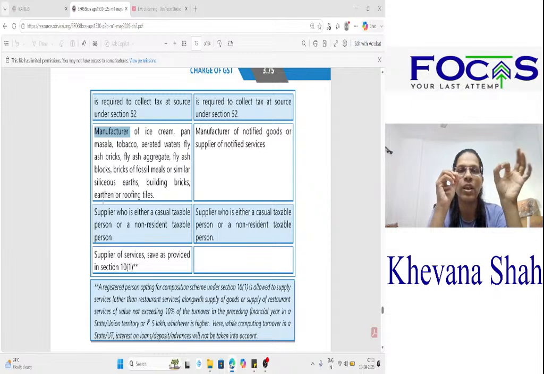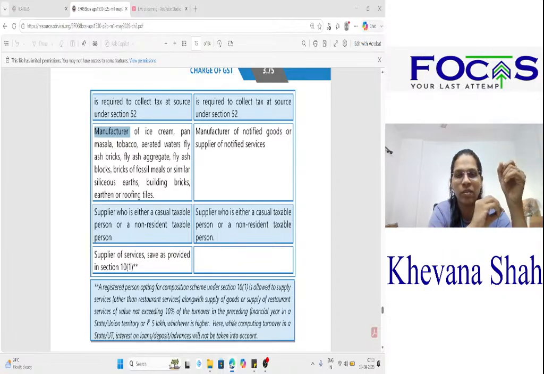Then in case you are supplying services as provided in section 10(1), that is a registered person opting for composition scheme under section 10(1) is allowed to supply services other than restaurant services along with supply of goods or supply of restaurant services of value not exceeding 10% of the turnover in the preceding financial year in a state or union territory or 5 lakh rupees, whichever is higher.